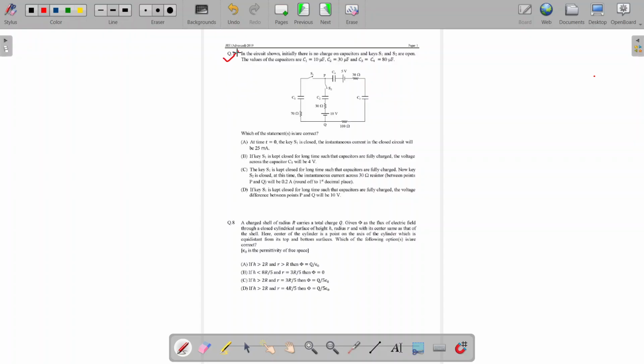We'll be doing question 7 in paper 1, which came in JEE Advanced 2019. So in this question we have a circuit, as you might be able to see.